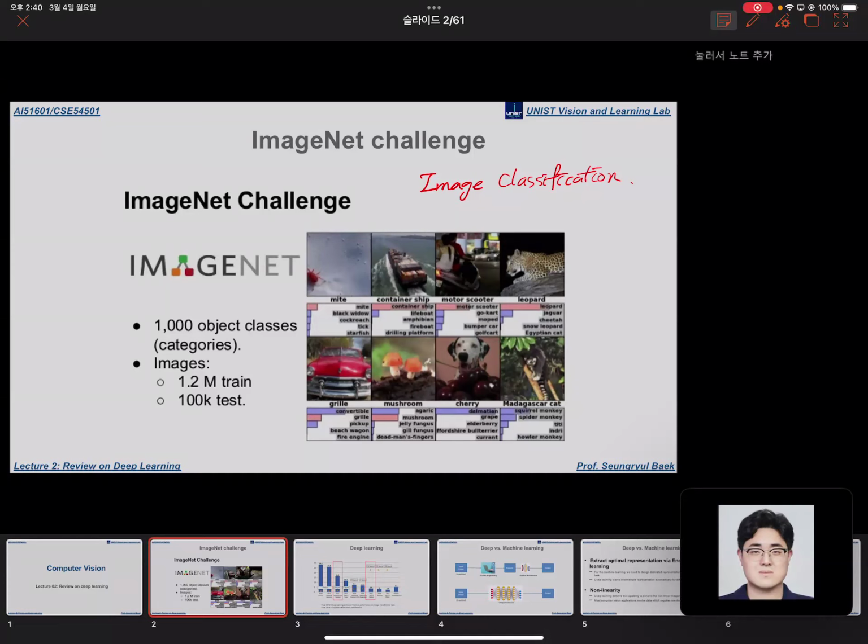In this challenge, there are 1,000 classes, and they collected a large amount of data. Using the training data, they trained some CNN, convolutional neural network models, to classify 1,000 objects, and then they use the test data to compete with each other.